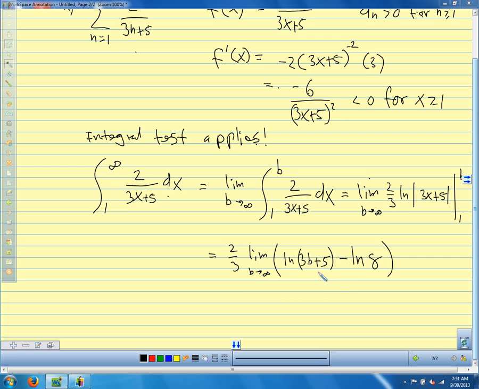Right? Natural log of a very large number is another very large number. Equals infinity. So this diverges. So the series diverges. So because this improper integral diverges, my series diverges.